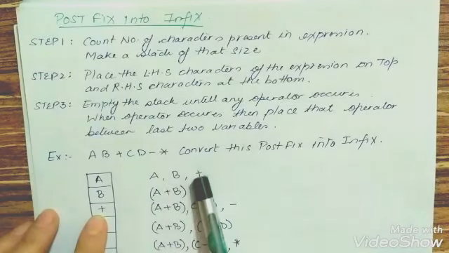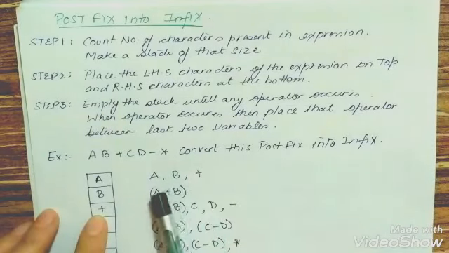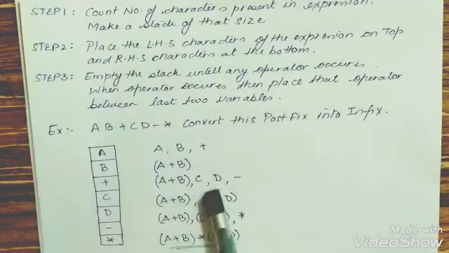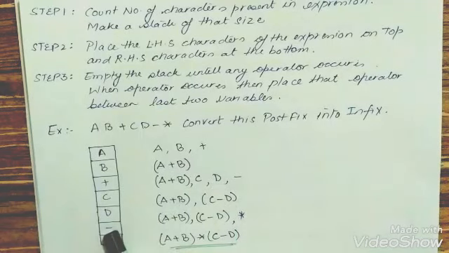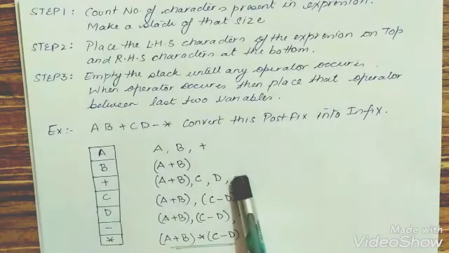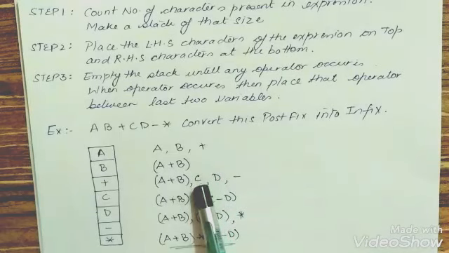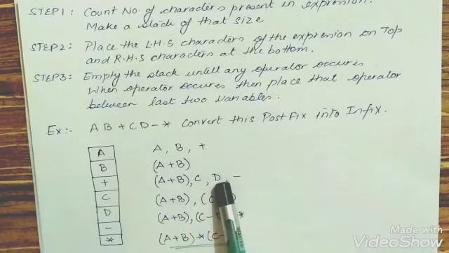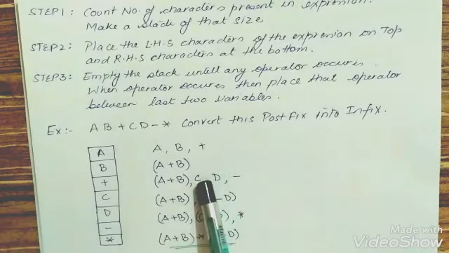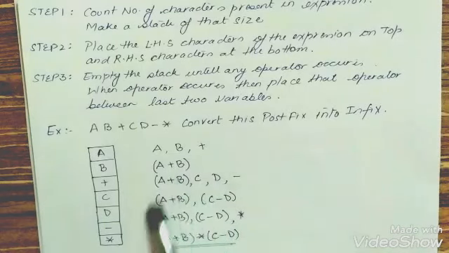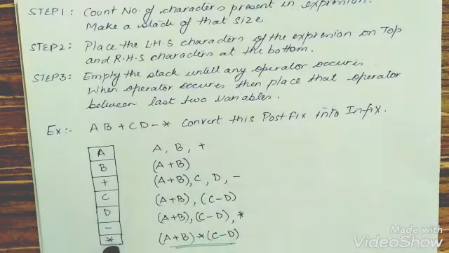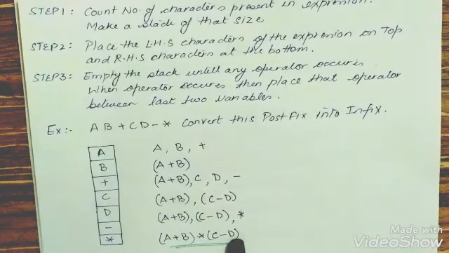Like plus occurred, so we place this plus in between A and B. In a similar way, we popped out our C and D, and then a minus occurred, so we place this minus between the last 2 occurring, which were C and D. In a similar way, we did with multiplication as well, so we ended up with this.